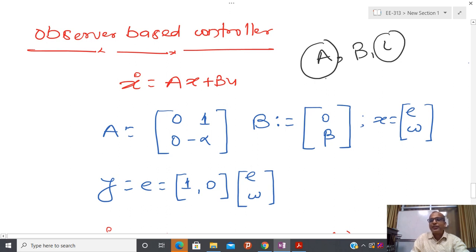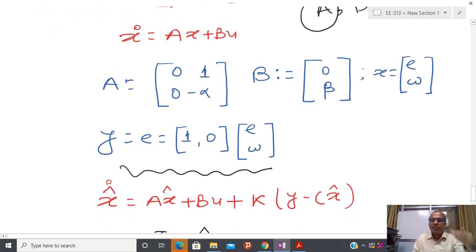But if you assume that you have just the tachometer, it is possible to show that this system is not observable, and due to that reason I am not going to design an observer for that case. So I am assuming that I have only one sensor. Based on the observability analysis, I am going to select the proper sensor.